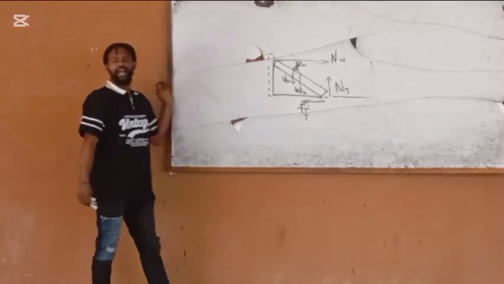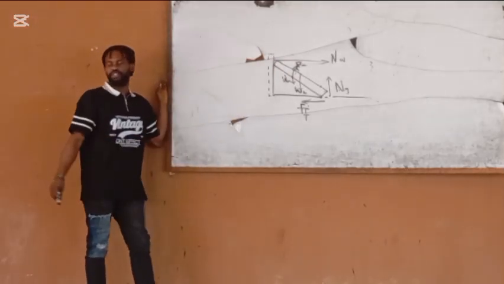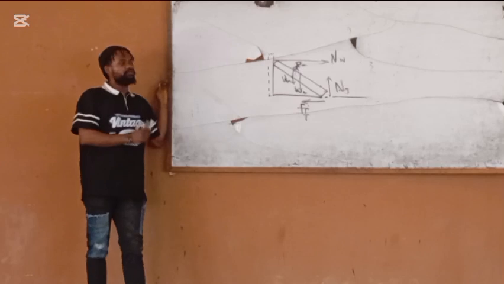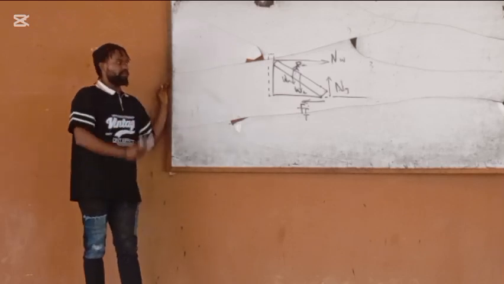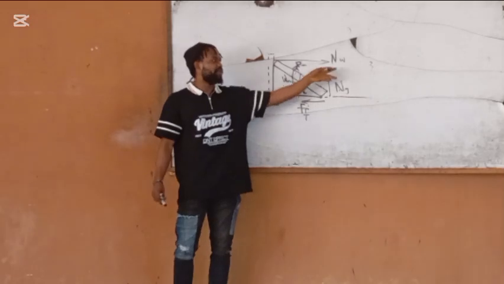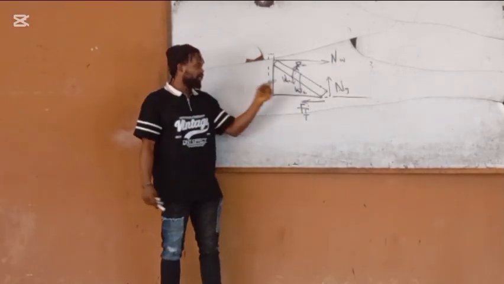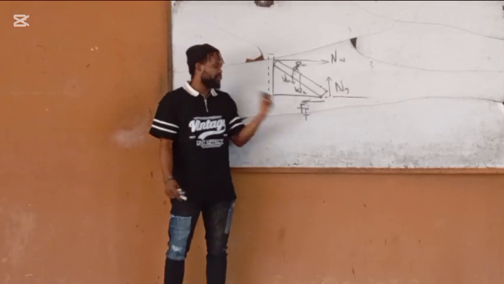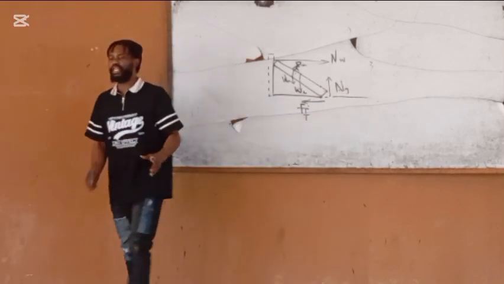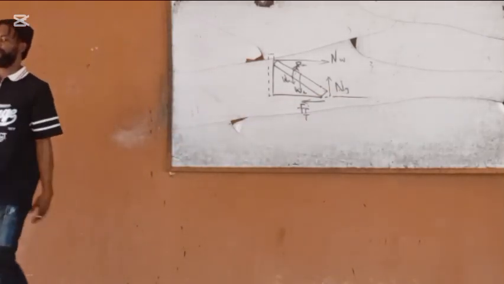Alright, so now that I know this, if I tell you to find me the equilibrium of force here, it is different from when I tell you to find me any of these. Maybe I tell you find me NW, or find me WF, or I tell you find me NG. It is different from when I tell you what is the equilibrium of force here.